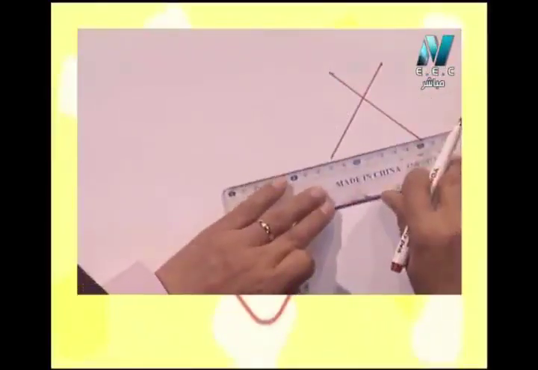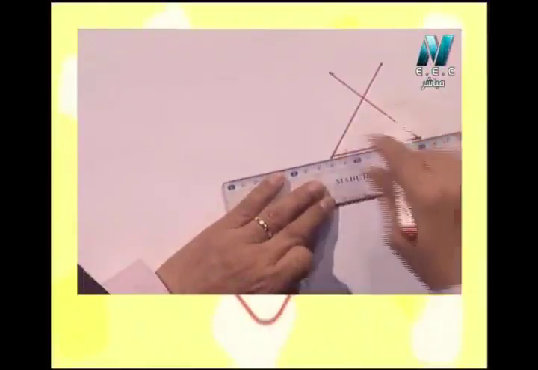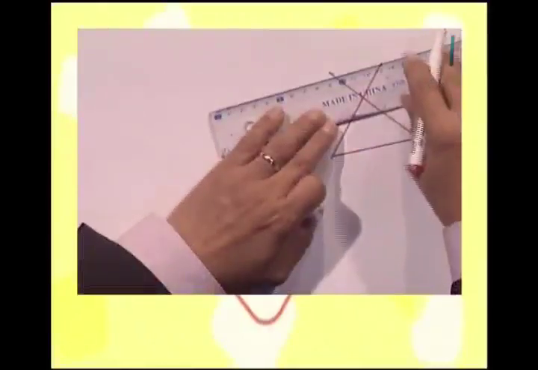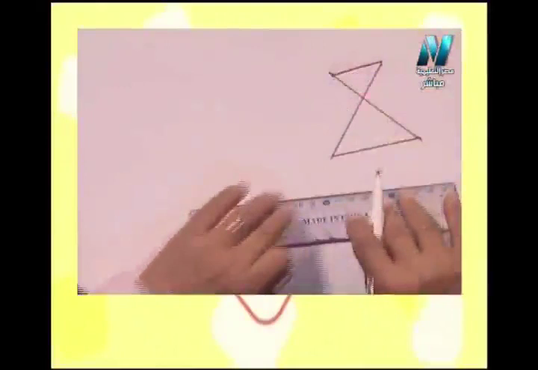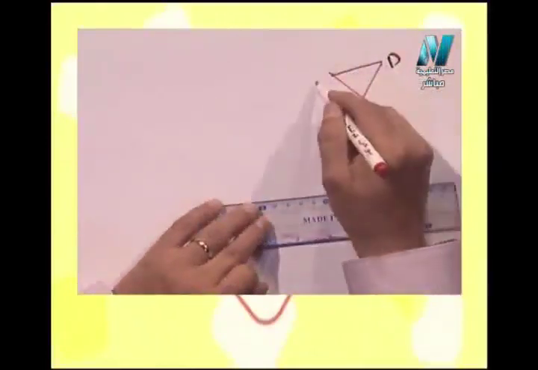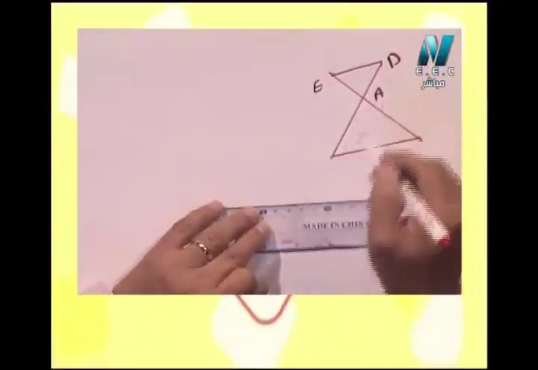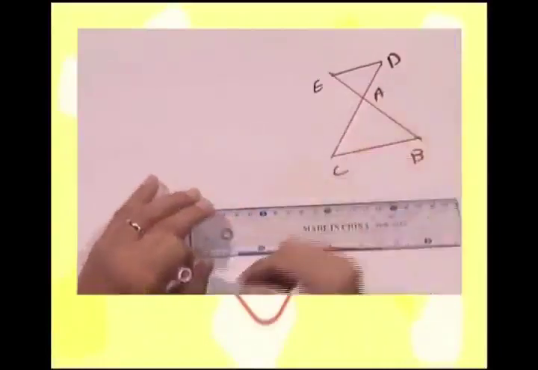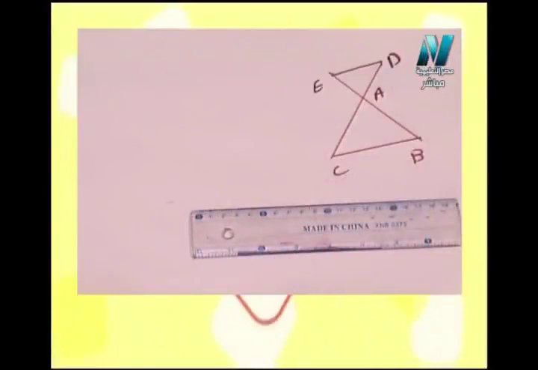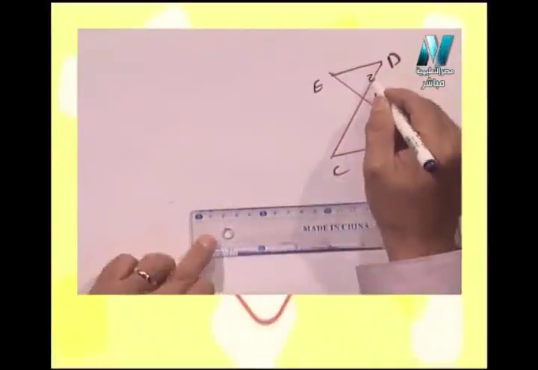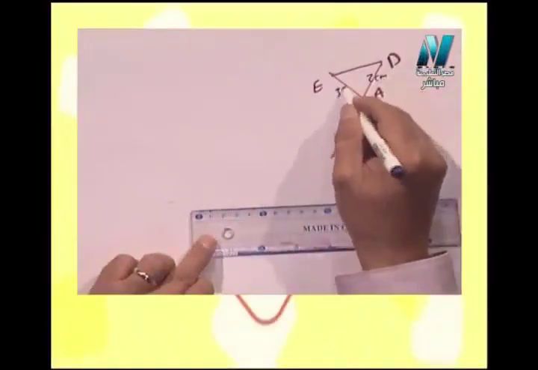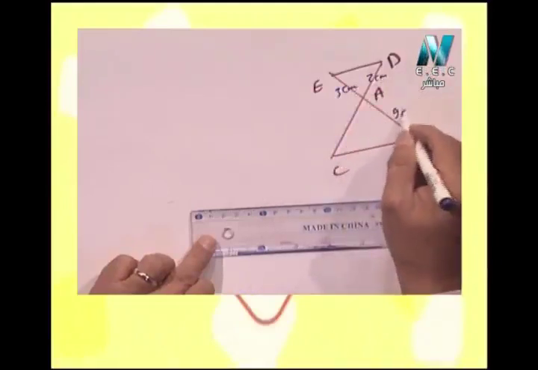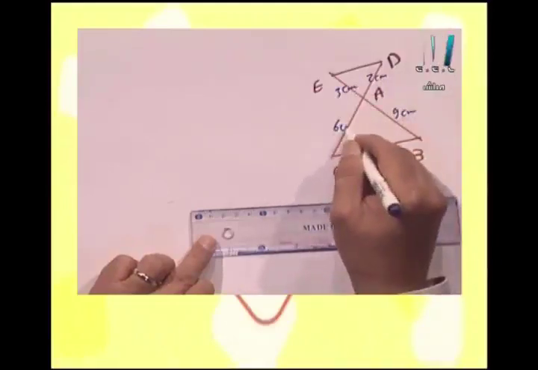And we have two sides. This is called D, E, A, C, B. And we have the lengths 2 centimeter, 3 centimeter, 9 centimeter, 6 centimeter.